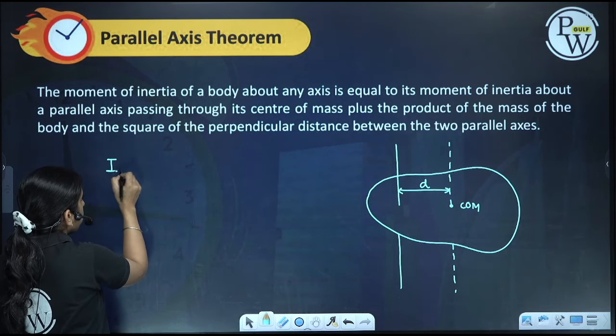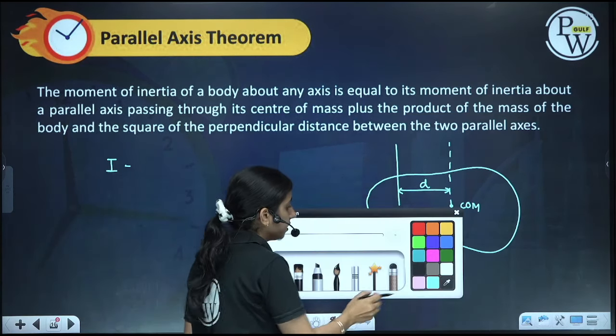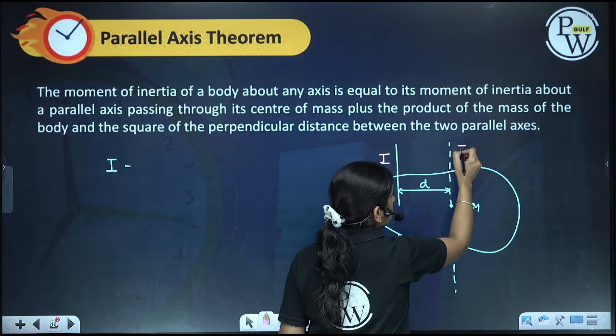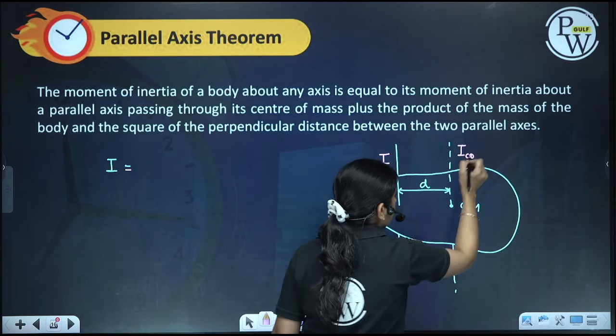Then the moment of inertia of this rigid body about this axis is I, and about this axis it is ICOM.